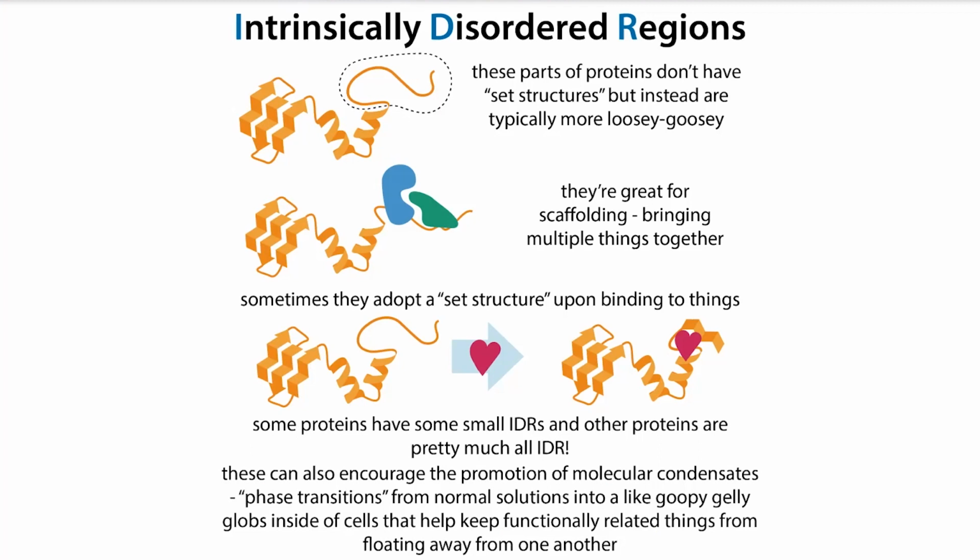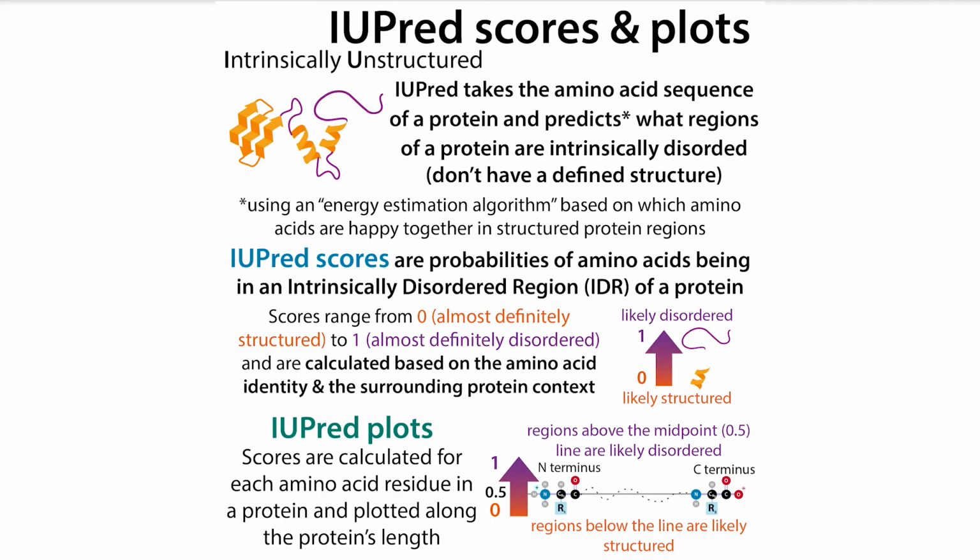As the name intrinsically disordered suggests, this means that basically the sequence of that region or of that protein is enough to tell us that in the absence of anything else around it, it's likely to have no set structure. It's likely to be disordered. And this means that we're going to be able to predict which regions of a protein might be disordered and what proteins might be IDPs, or those intrinsically disordered proteins.